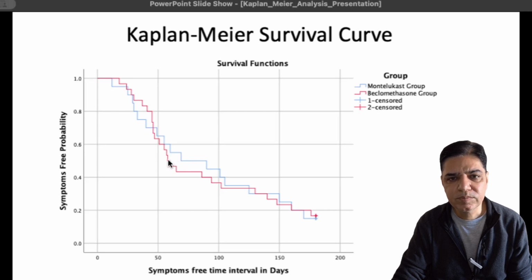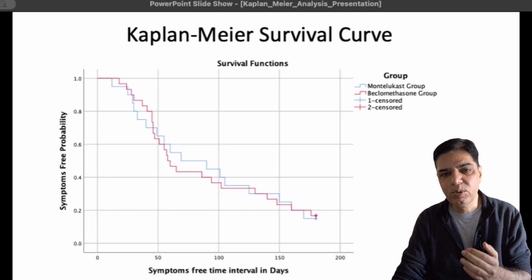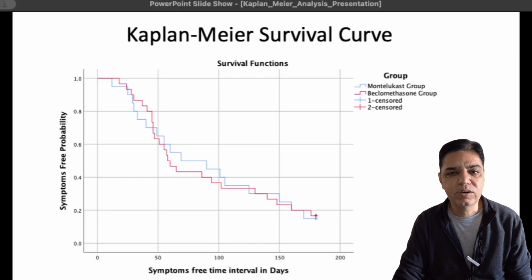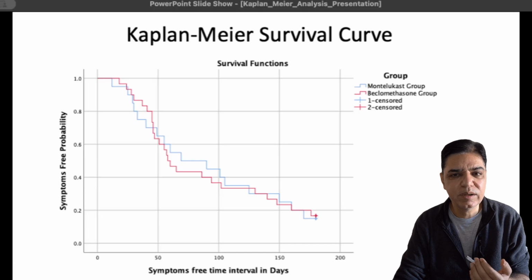In other words, 50% of those who are given beclomethasone have no symptoms till 2 months, while those who are given Montelukast have a slightly longer symptom-free interval as compared to what? Beclomethasone. So apparently, at the median level, beclomethasone seems slightly inferior to Montelukast. Montelukast is working slightly better.